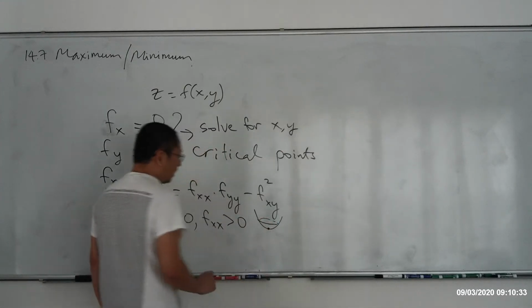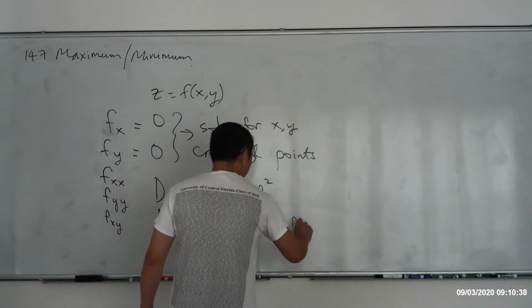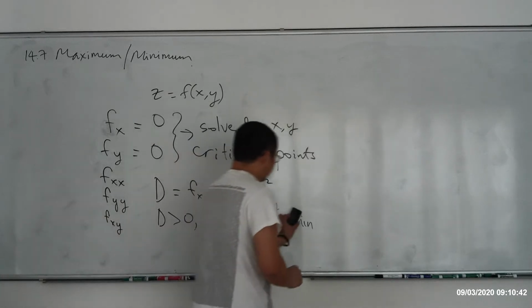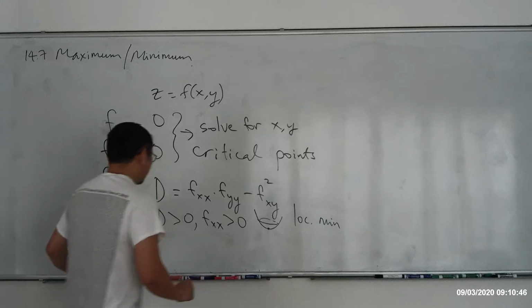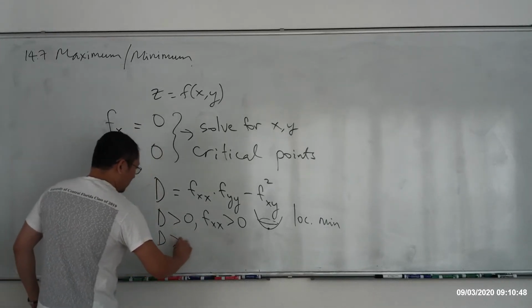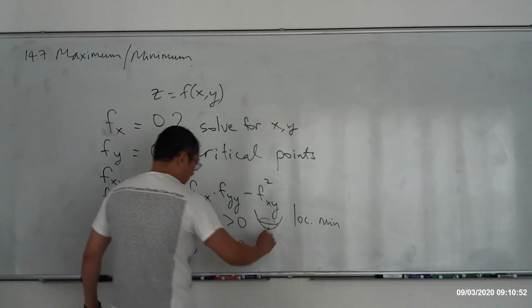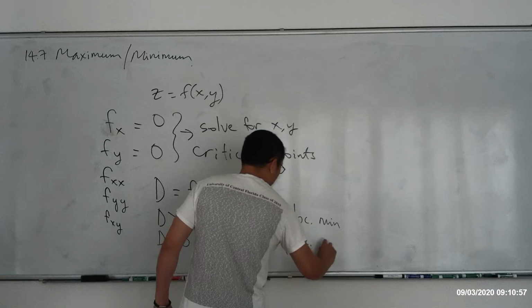This one is concave up, so this one is going to be a local minimum. But if D is positive and fxx is a negative number, it's going to be upside down, so you're going to have a local maximum.